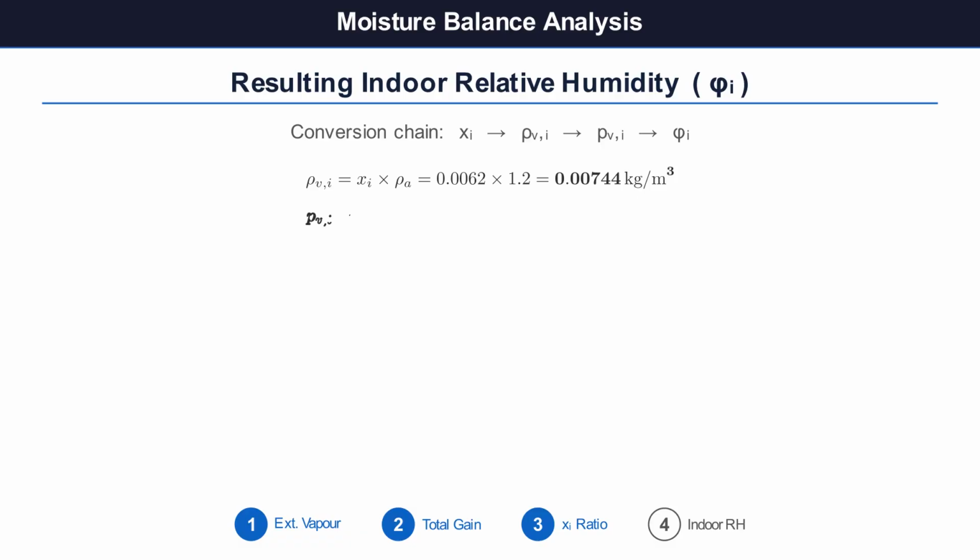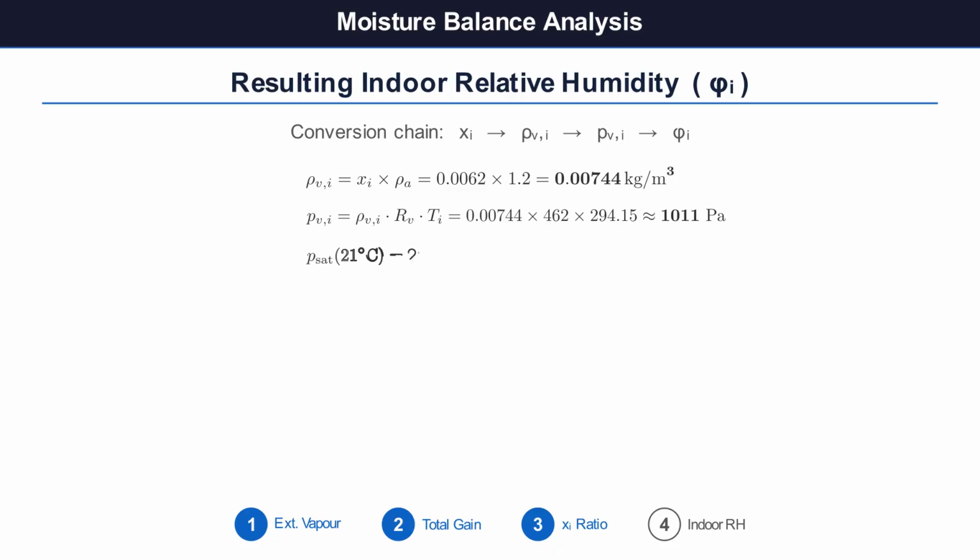Stage 2. Applying the ideal gas law, the indoor vapor pressure PVi equals ρVi times RV times Ti, substituting 0.00744 times 462 times 294.15, this gives approximately 1011 pascals. Stage 3.